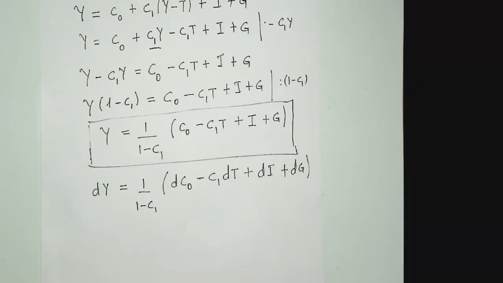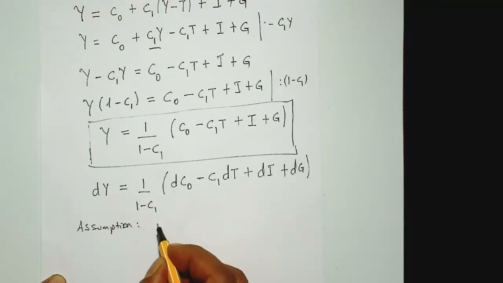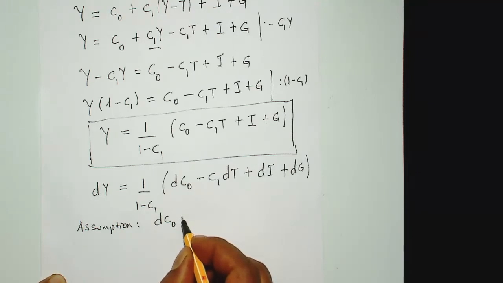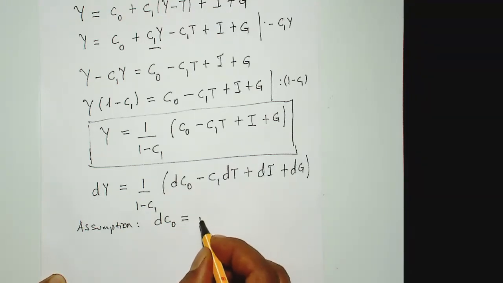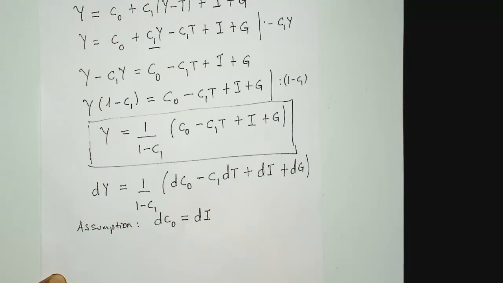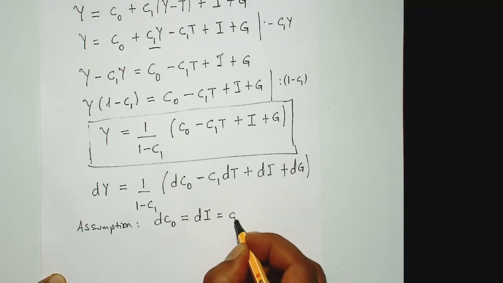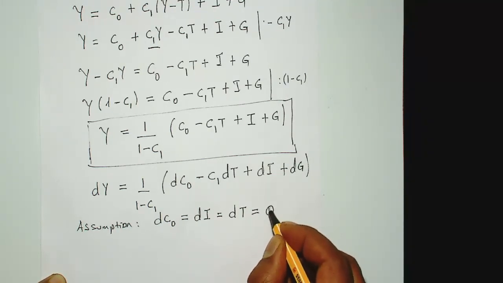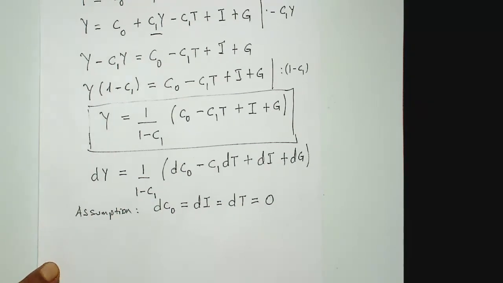Here we make the assumption that our parameter C0 and our two variables, tax and investment, are constant, so they would not change. Our parameter C0 doesn't change, so dC0 would be 0. Our investment variable doesn't change, so dI would be 0. Our tax doesn't change, so dT would be 0. So all of these three would be 0.